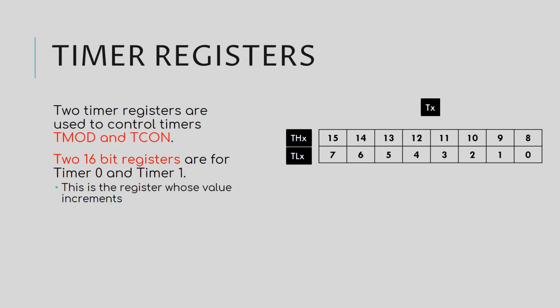T0 can be denoted as TH0, which contains the higher order byte of timer 0, and TL0, which contains the lower order byte of timer 0. Similarly, T1 has TH1 and TL1. So this TH1 is of 8-bit and TL1 is also of 8-bit. I have denoted the timer in general as TX, and there is THX, which contains the higher order byte, and TLX, which contains the lower order byte.